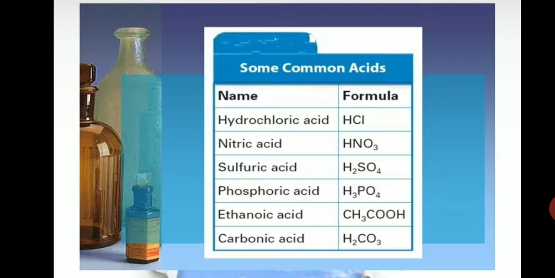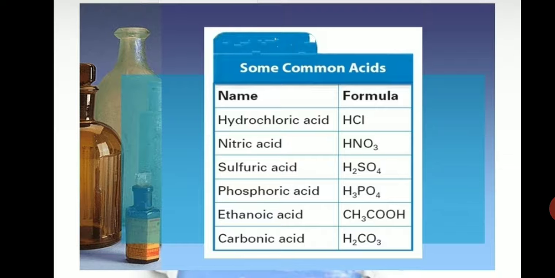We have studied in the previous classes what is an acid. How do you define acid? In small classes you defined acids as substances which are sour in taste. Those substances which are sour in taste are called acids. But we cannot define an acid with the help of a taste.